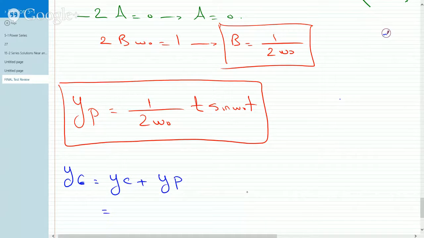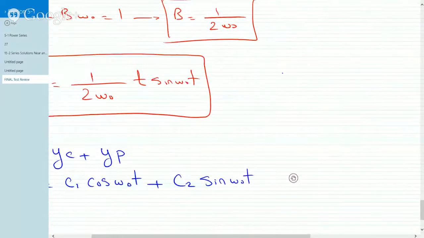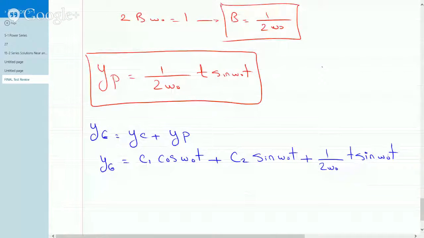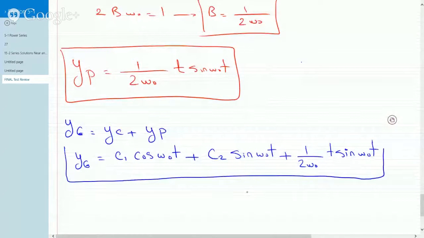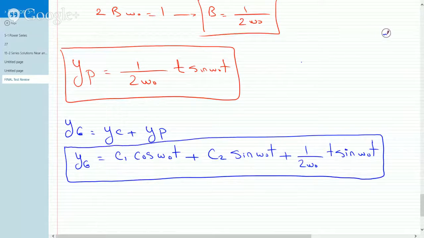So y complementary turned out to be c1 cosine omega 0 t plus c2 sine omega 0 t plus the particular solution, which is 1 over 2 omega 0 t sine omega 0 t. And those C1 and C2 can be determined from initial and or boundary conditions. And that does it for this question.